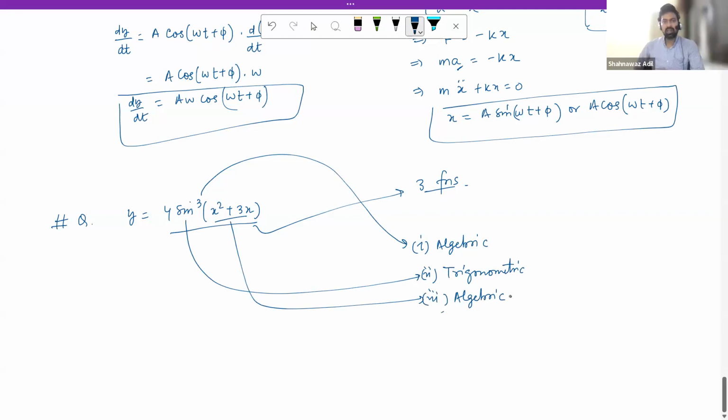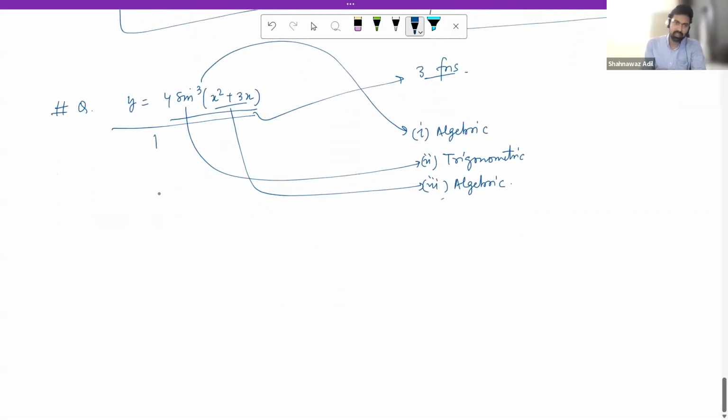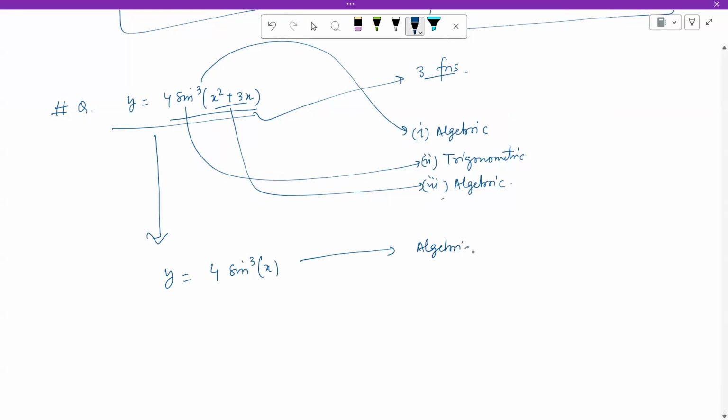So first, we will come to this question later, but first we do this question, y equals 4 sine cube x. Now you have only two functions. One is algebraic and the second is trigonometric.